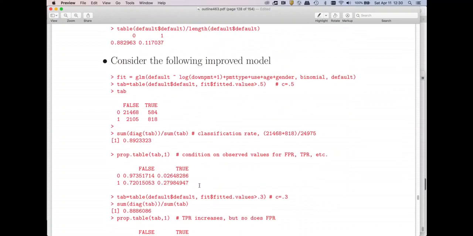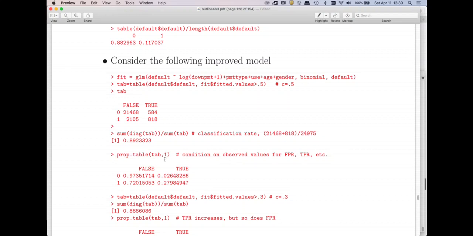So let's go look at the true and false positive rates. We can compute these with the prop table command. Prop table is a proportion for a table. It just computes either the row percents or the column percents.